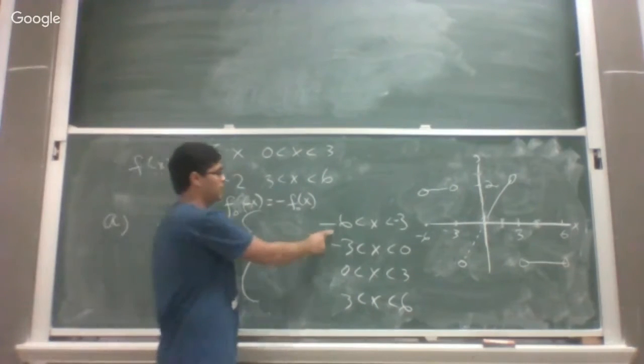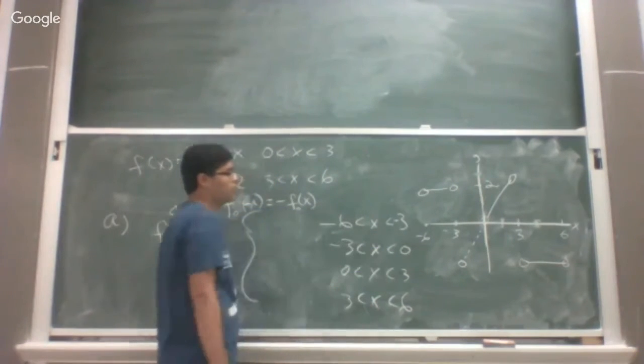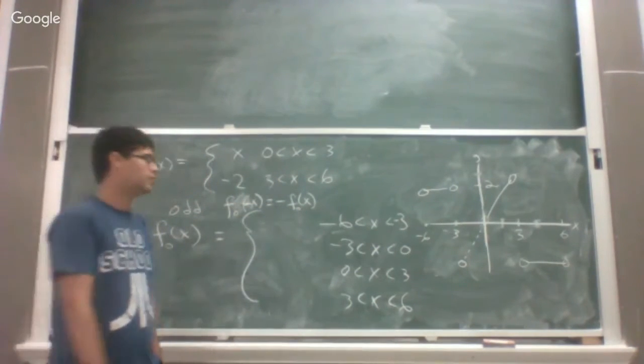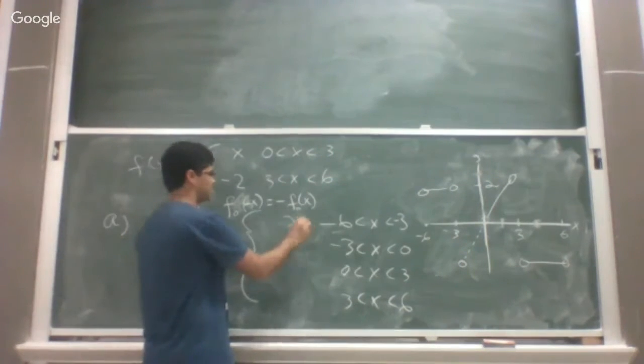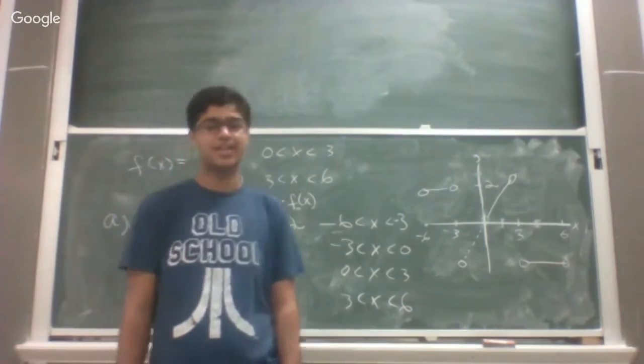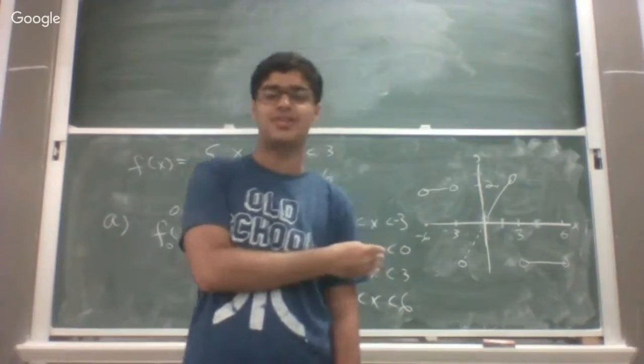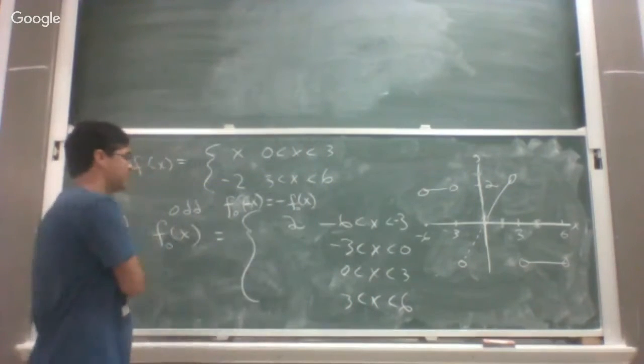So for this period, -6 to -3, what is our equation? 2. So they did this a little bit complicatedly. Essentially, I see that it's a 2 in the graph, so we can put a 2 there.